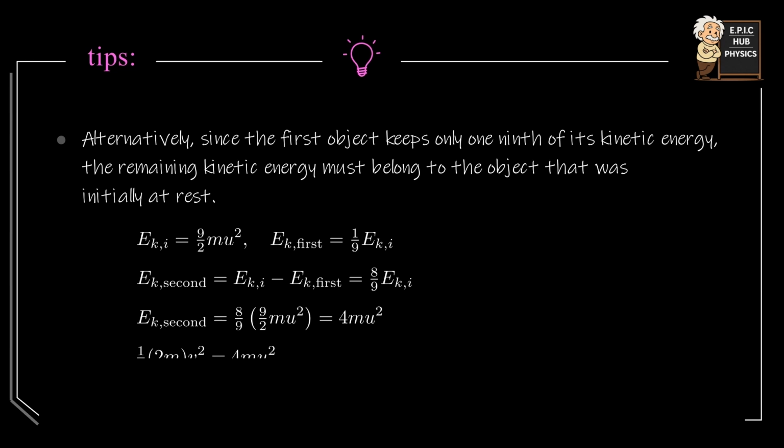This is 1/2 multiplied by 2m times v². This should equal the equivalent in terms of u, which was 4mu². Simplifying gives v² equals 4u², and by taking the square root of both sides, gives v equals 2u, just like we already obtained before. This has provided an alternative way to approach the same problem.